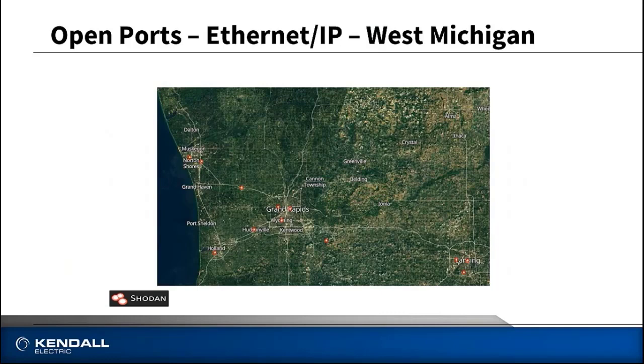What I notice is that as machines come online and offline, those machines that have this exploit on them show up in varying ways. So today we're looking at 3 items in the Grand Rapids area that have open ports and are viewable from outside of their firewall, but it very well could be 5 tomorrow.